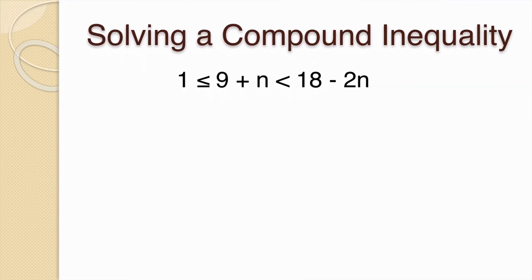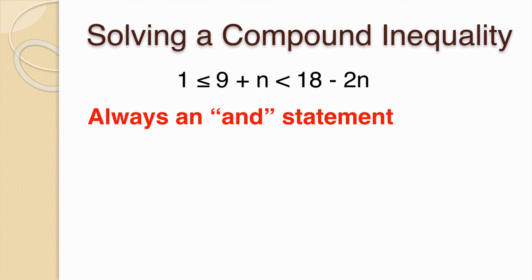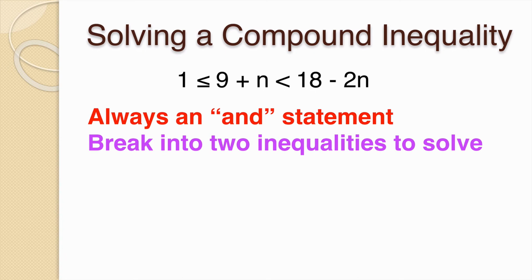All right, here's the second example. This time I have a compound inequality that's a combined inequality. Combined inequalities are always and statements, only exist when you use the word and. So you need to break it into 2 inequalities to solve, just like we did before. The important part is this 9 plus n. 9 plus n belongs to both of the inequalities.